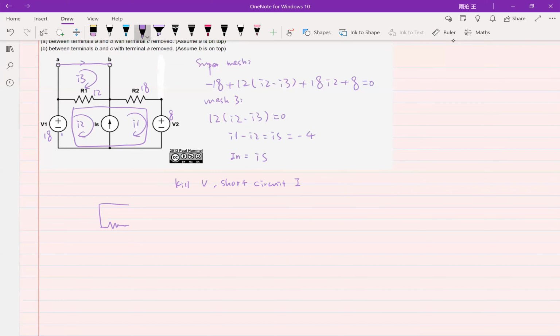This is R1, this is R2, and I have short circuited my IS, which is supposed to be here. This just looks like 2 resistors connected in parallel, right?